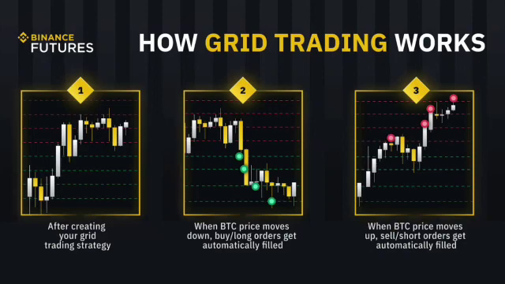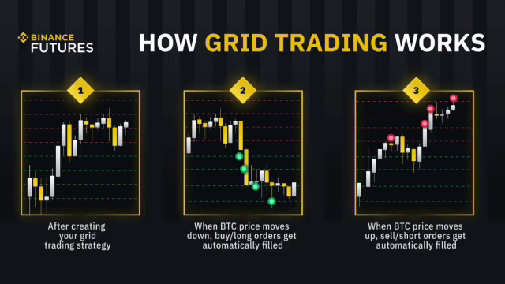Looking at how grid trading works on Binance Futures: once you've created your grid trading strategy in step 1, the grid bot tries to buy BTC at a much cheaper price. When the BTC price moves down, the buy or long orders get filled automatically.